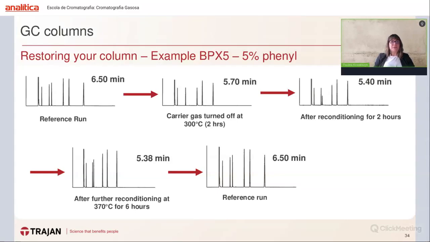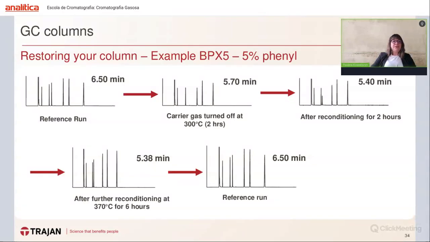And this column was conditioned at 300 degrees for 2 hours. And after the conditioning, so after bake out, we can see that the additional peak, the third peak, started appearing again. And our analysis time was getting shorter.